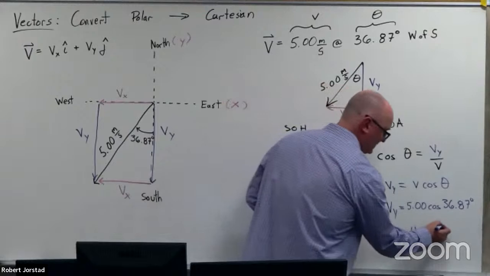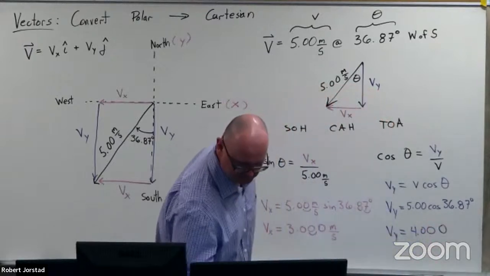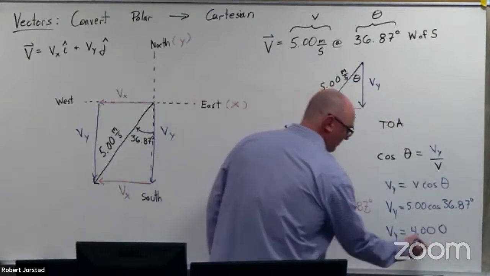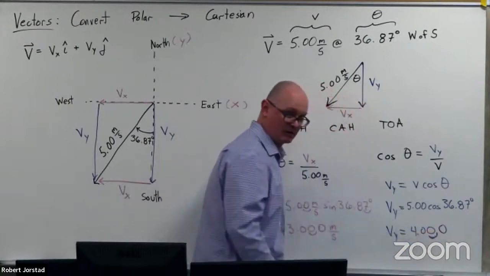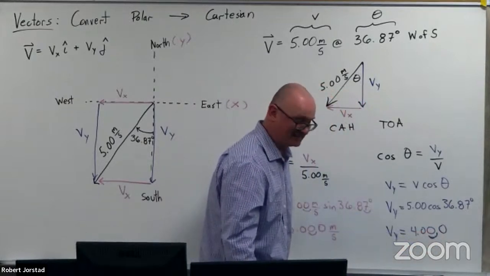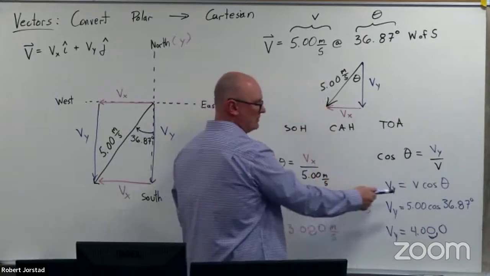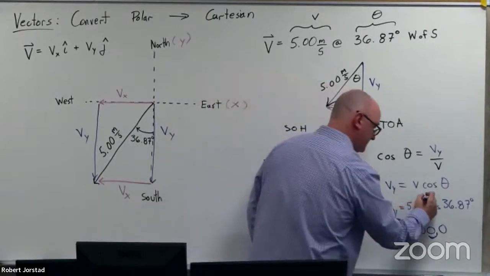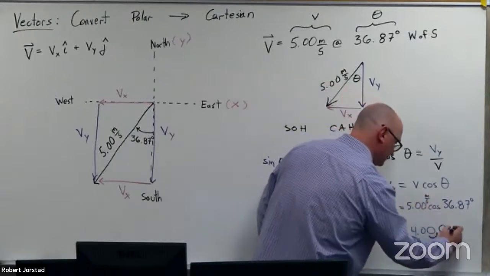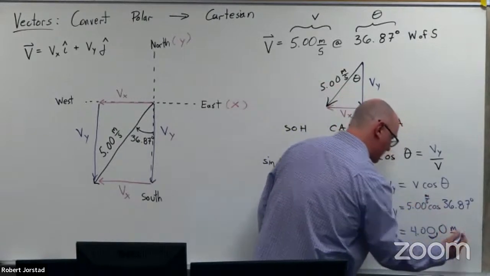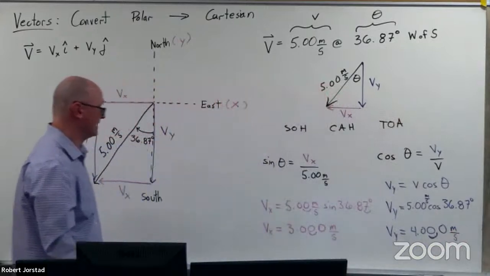I'm going to keep an extra digit. Yep. I'm going to underline where I should round. Think, what did I forget? Units. There should have been units on this number. So there's units on this number. Always important to check the units.